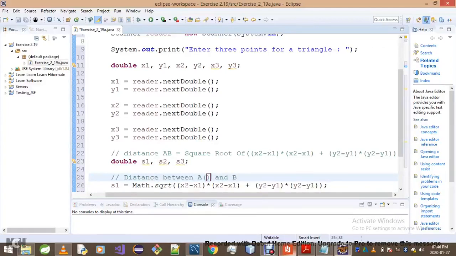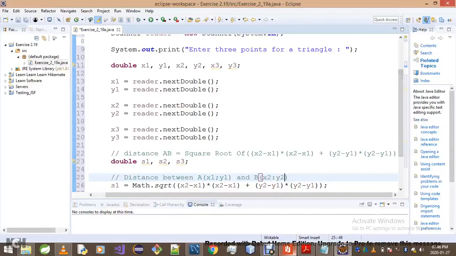A is giving us x1, y1, and B is giving us x2, y2.